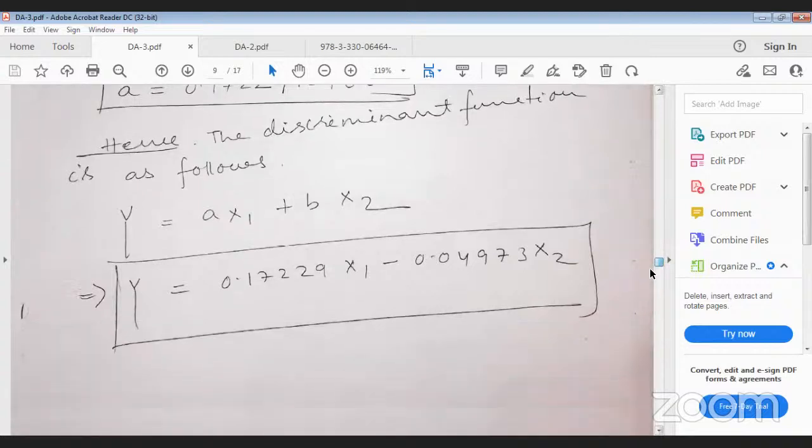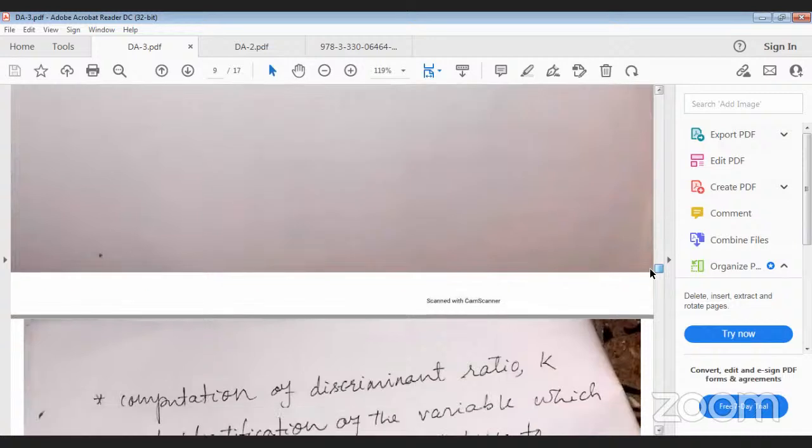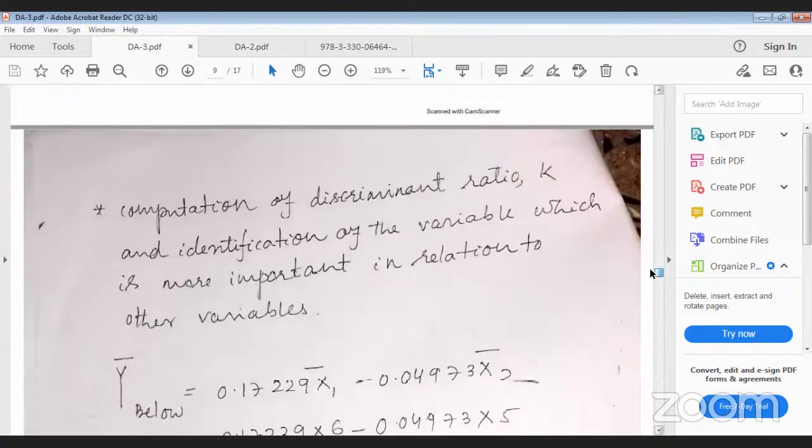This one you can write in the form of bar, because the regression equation passing through x1 and x2 also remains the same with the bars. There is one property of regression analysis, and one suggestion I am giving to those who are present today: please go through the correlation and regression basics, because it must be there in your second semester.